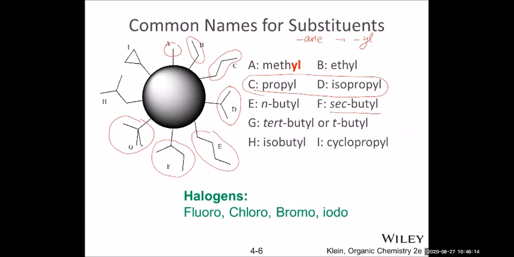But this side chain substituent starts from an alkane that is one of the isomers of butane. Here, the middle carbon will take away the hydrogen and attach to the parent. So this has a special name, tert-butyl.